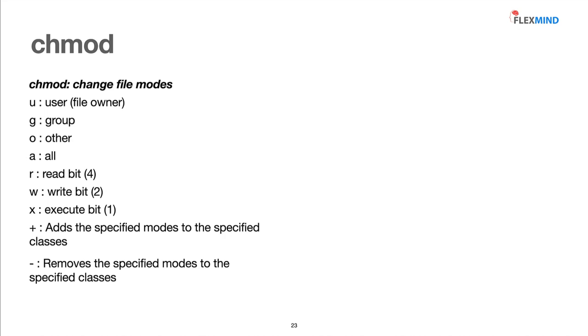So u minus w means whatever permission the user had earlier, now remove the write permission. If you want to add a write permission to a group, you can say g plus w. So this kind of example can be there. And when you say equal, it is the exact mode: whatever I am typing, only permit those permissions.